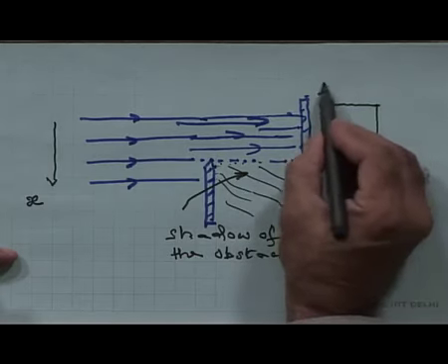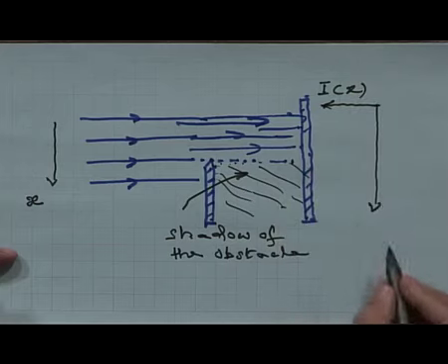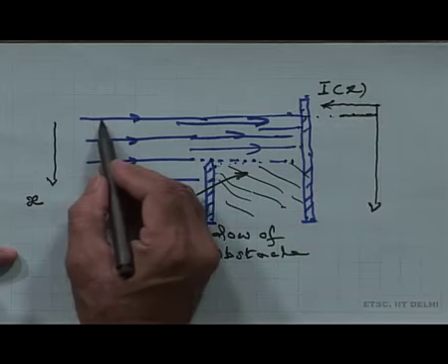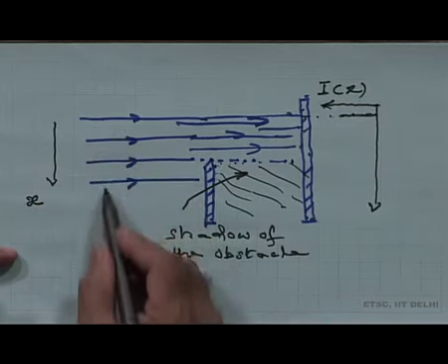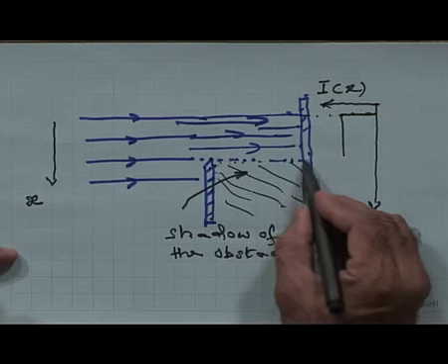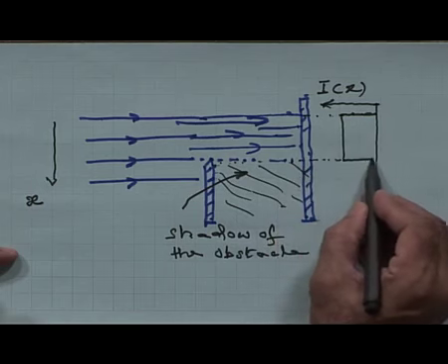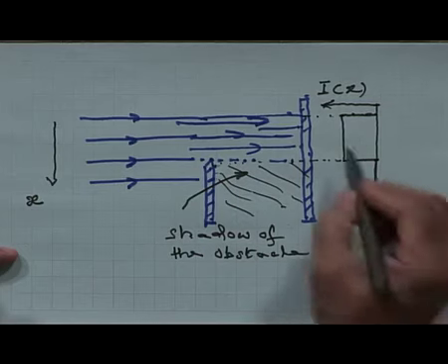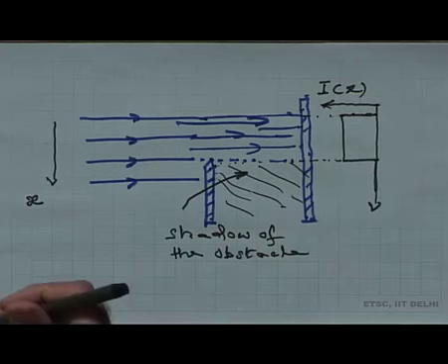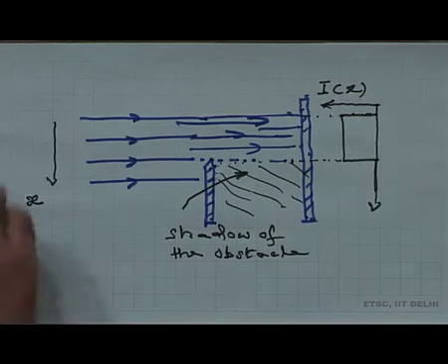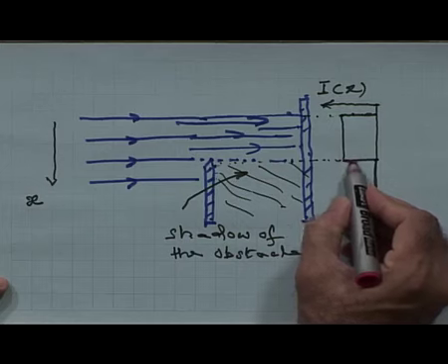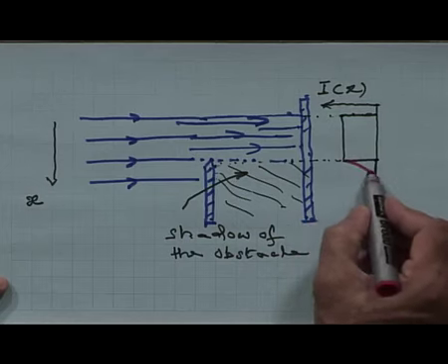If the beam is of uniform intensity in cross section, then I should have uniform intensity up to this point and then 0 intensity beyond it. But what we actually see is, let me use a different color, that there is some light which comes into the geometric shadow here.